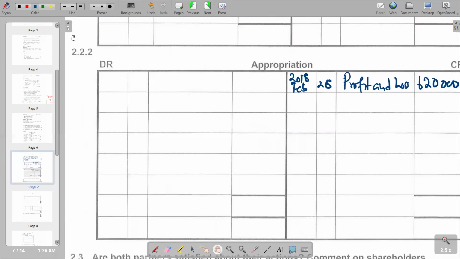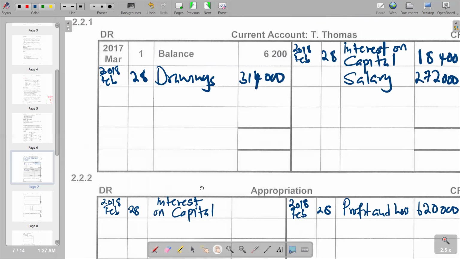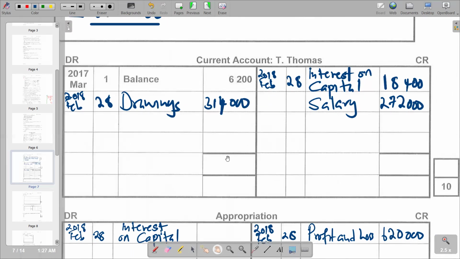So our date again is February 2018. We can start with interest on capital, whereby we are saying we have already calculated the interest on capital for Thomas, and what we got was 18,400.